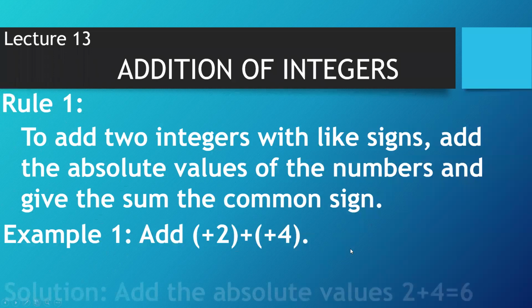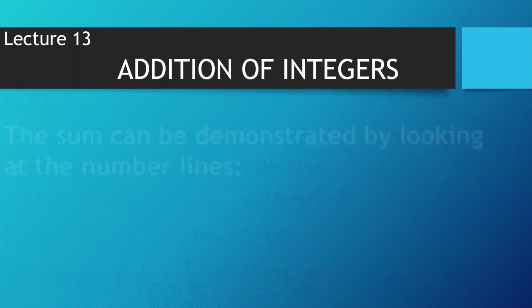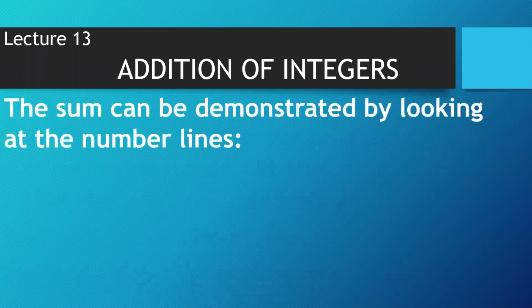So you got here the absolute value. And sometimes we don't need to write the plus sign in front of the number. The sum can be demonstrated by expressing it in real life like this.